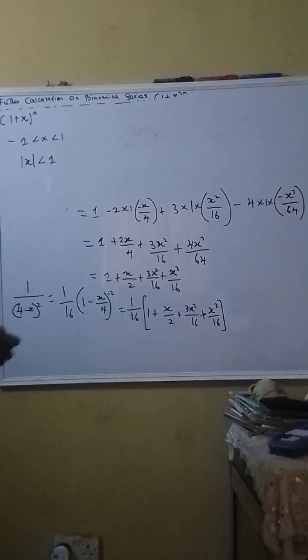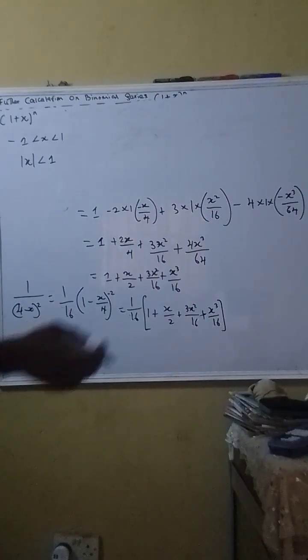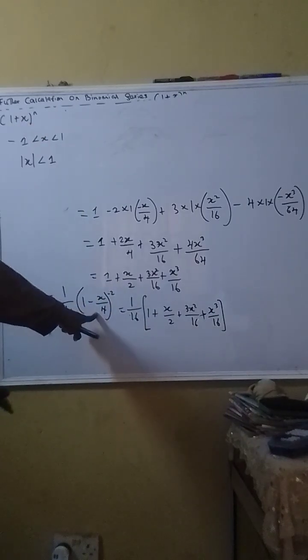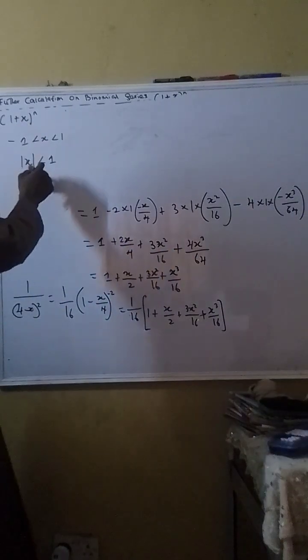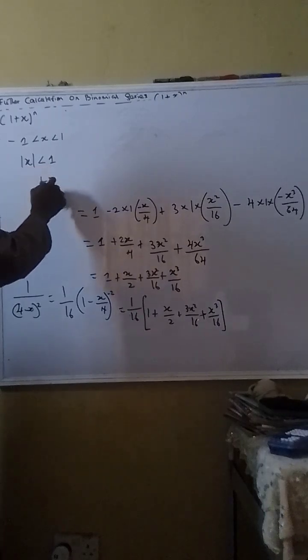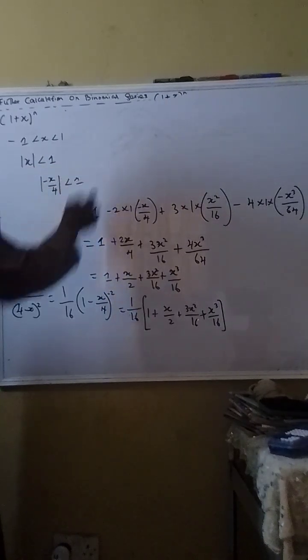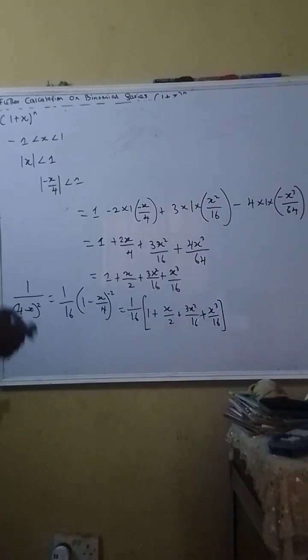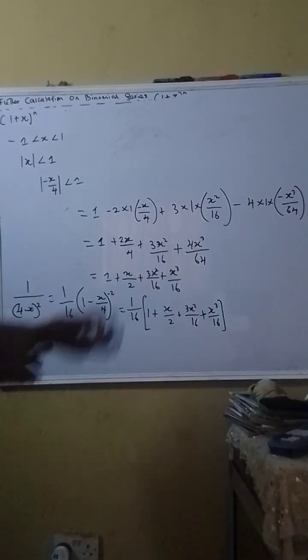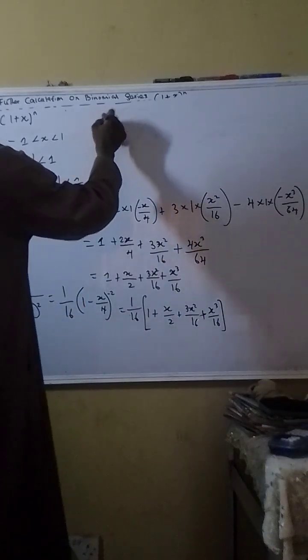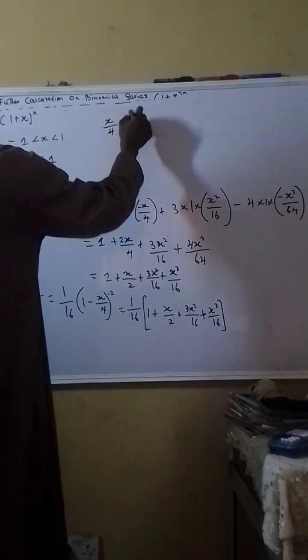So from this point now, the x value is also correlating with this. Are you with me? So being an absolute value, we know the absolute value of negative x over 4 should be less than 1. So if you want to prove this, the absolute value of x over 4 is less than 1.